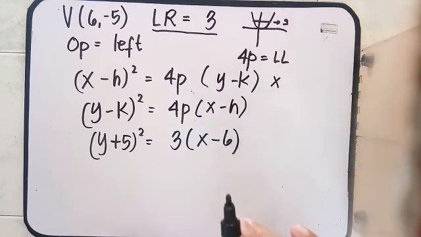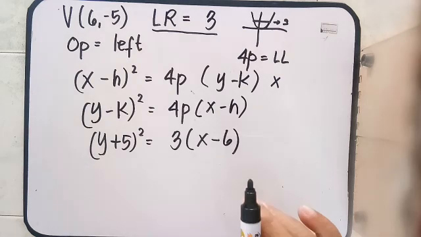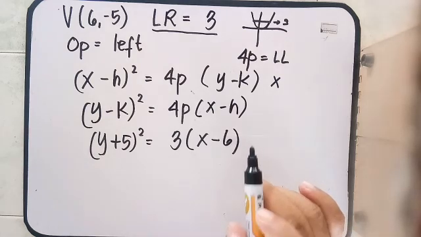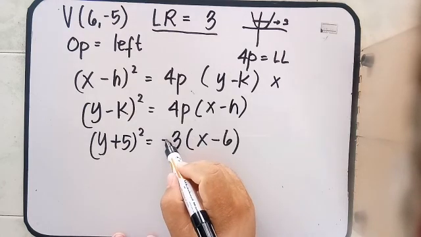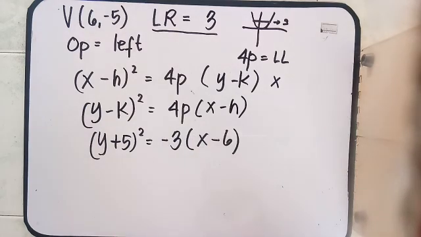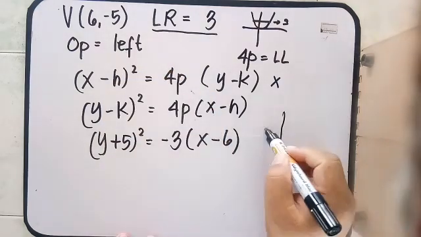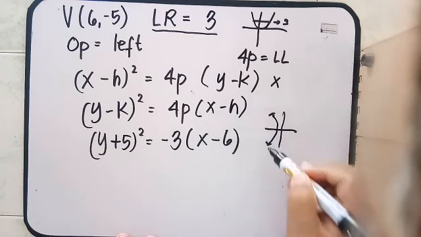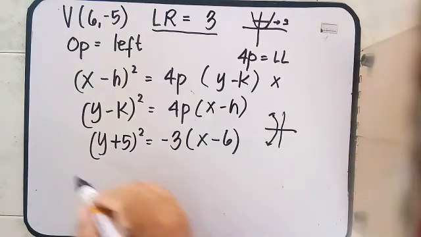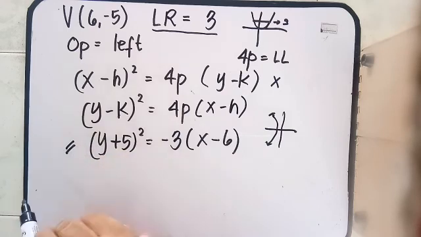Okay, so that will be your equation. Now, take note, it is left. So when it is left, your focus is negative. That is why this becomes negative. The graph would look like this, on the left side. Okay? So, this will be your standard form, the vertex form.